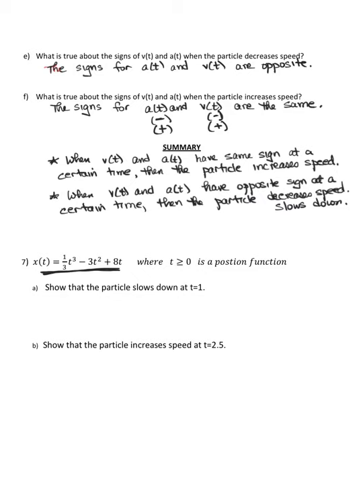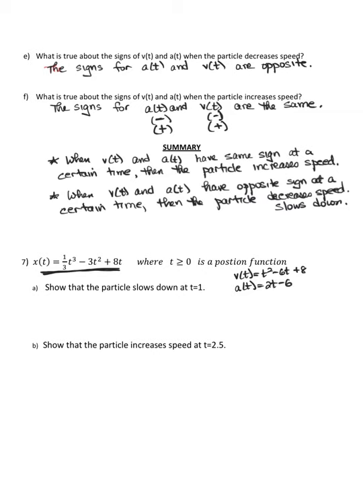And we found the velocity function is t squared minus 6t plus 8. And we found when the particle stops and when the particle moves left or right. Remember that the particle moves right, left, and then right. Now the acceleration function here is just 2t minus 6 when we differentiate the velocity.